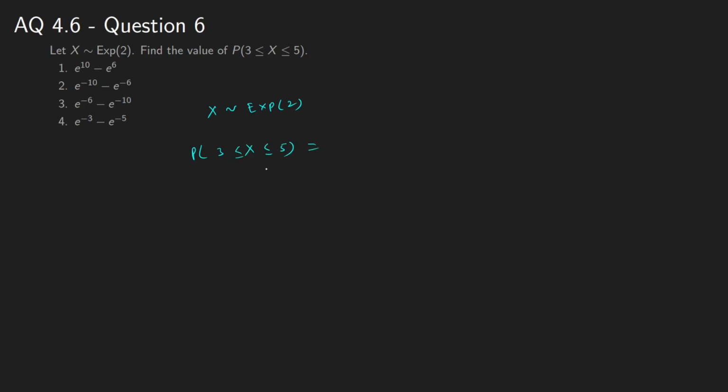So as you know, for finding this probability, we can integrate the PDF of x from x equals 3 to x equals 5. For any exponential distribution with the lambda parameter, the PDF is equal to lambda times e raised to the power minus lambda x.